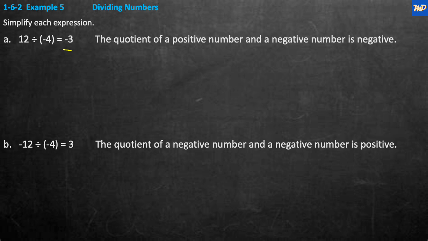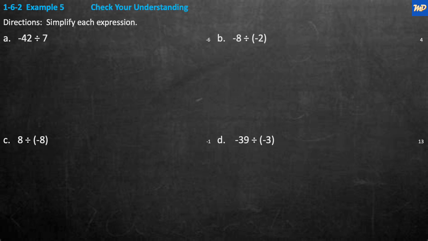Problem B: negative 12 divided by negative 4 is equal to 3. The quotient of a negative number and a negative number is positive. So 12 divided by 4 is 3, and two negative signs gives you a positive 3.